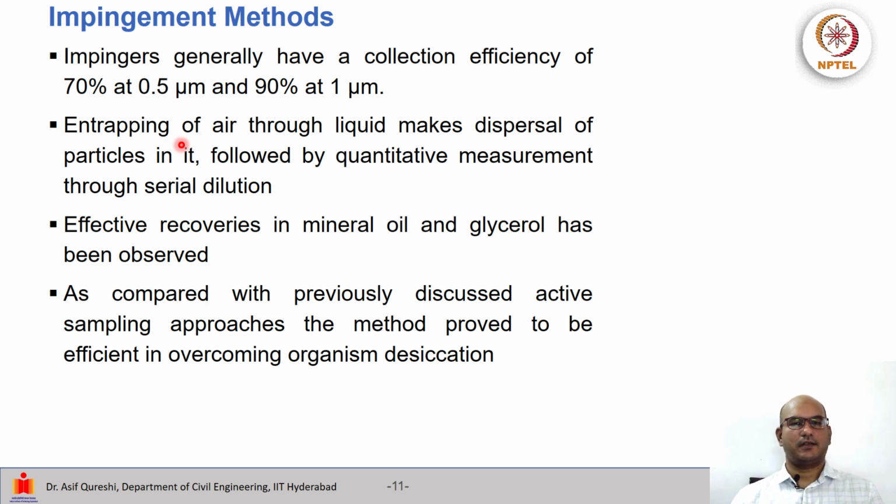These impingers have, one could say, reasonable collection efficiency. They generally have a collection efficiency of 70% at 0.5 micrometer and 90% at 1 micrometer.